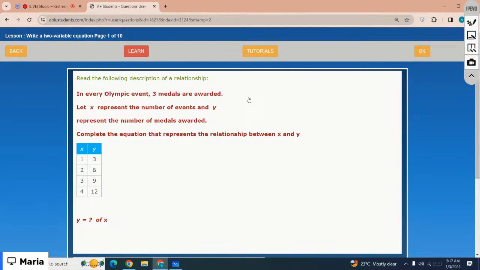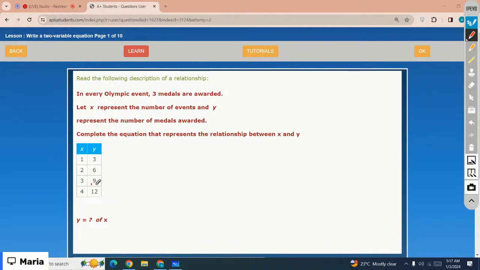You can see X is 1, Y is 3. X is 2, Y is 6. That means 1 times 3 equals 3, 2 times 3 equals 6, 3 times 3 equals 9. That means for each value of X you have to multiply by 3.